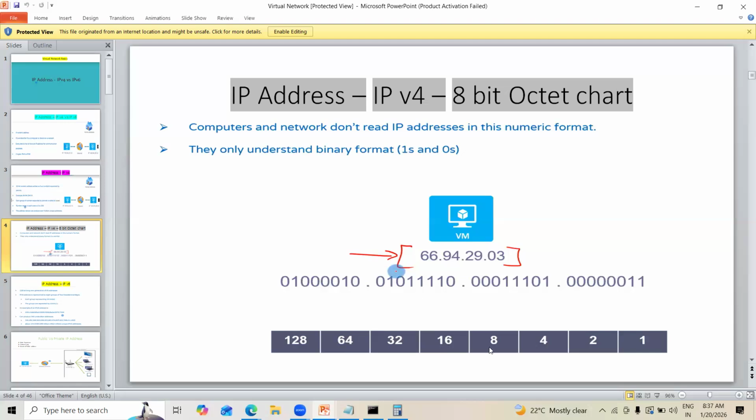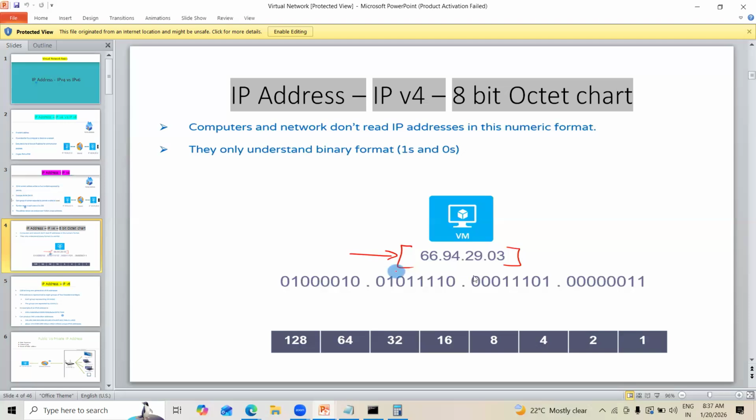Then 8 is enabled, 88. Then 4, 92. Then 2, 94. So these octet bits are enabled automatically based on the number you give.